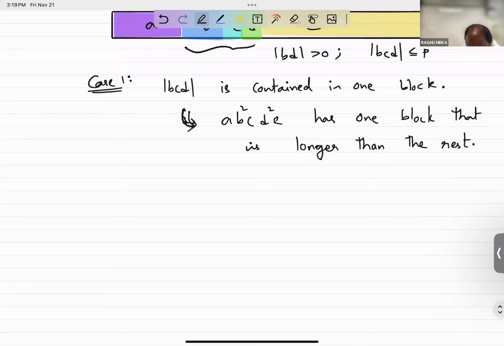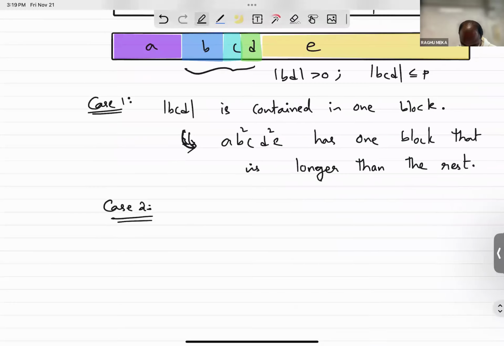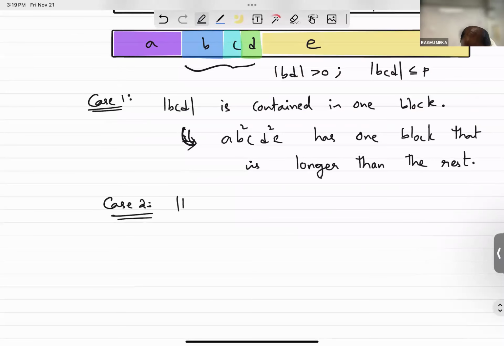And case two is it straddles a boundary. So let's say case two is BCD straddles a boundary.